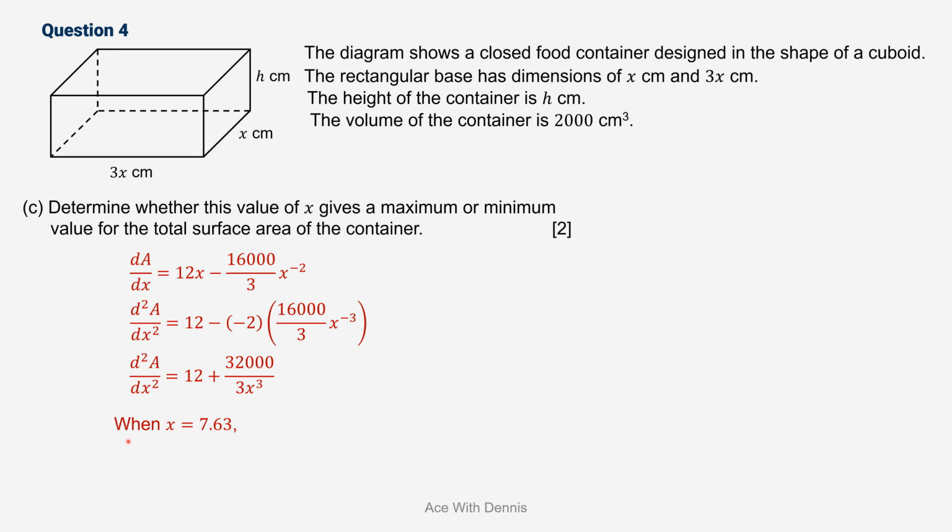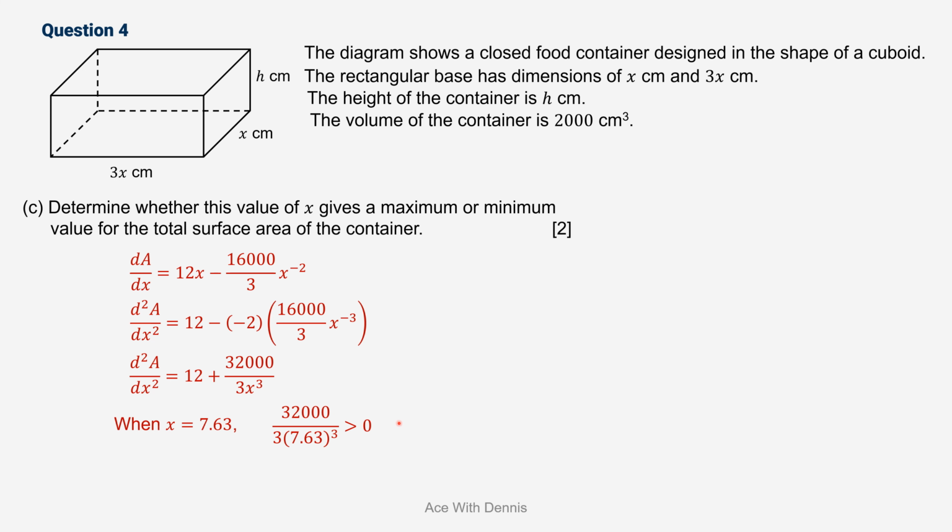So next, we substitute x equals 7.63, which we got from part B. We have 32,000 divided by 3 times 7.63 cubed. This whole thing, I don't have to really calculate the exact value. I know it is positive, because when you cube this value you get a positive value, then everything is positive.